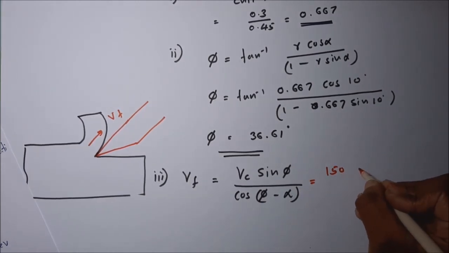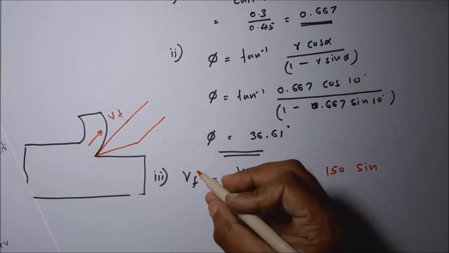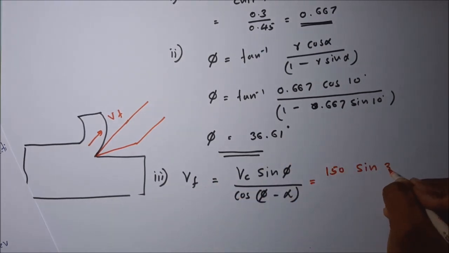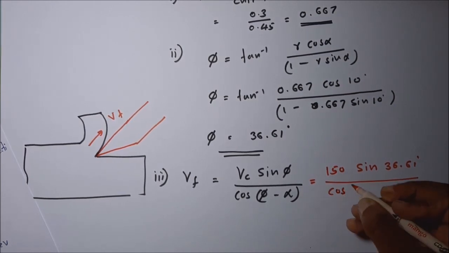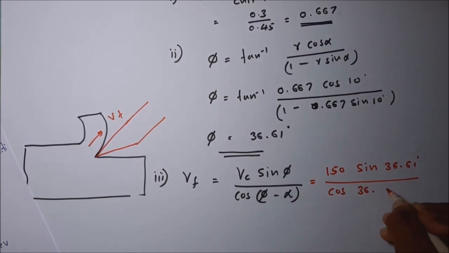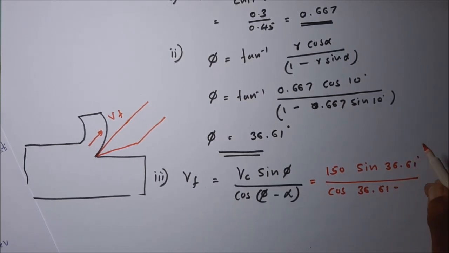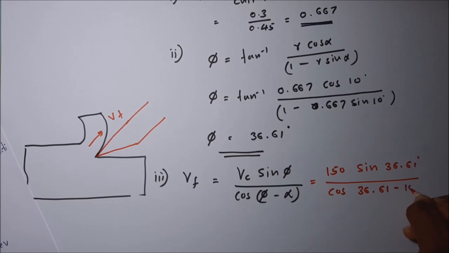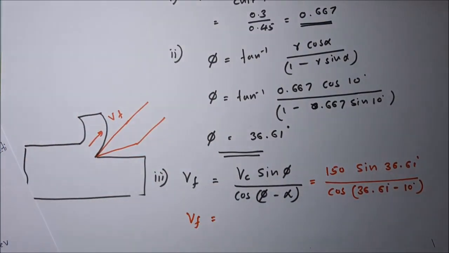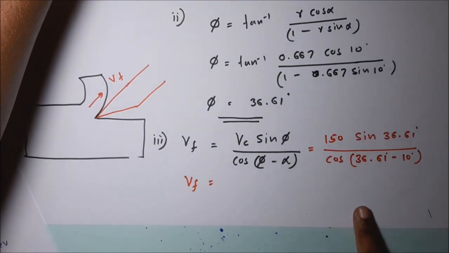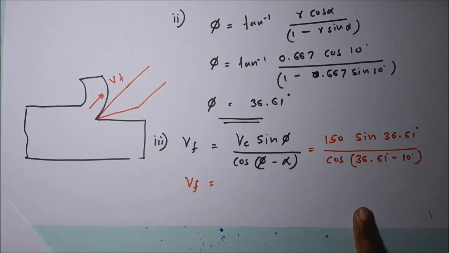So VF equals 150 times sin 36.61 degrees divided by cos of 36.61 minus alpha, where the rake angle is 10 degrees. So for VF we get the answer.